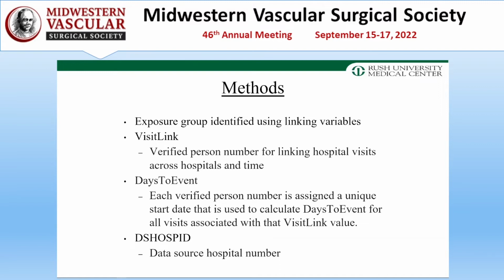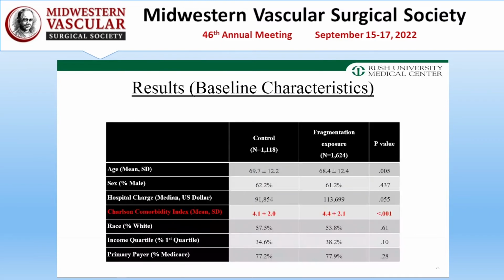Therefore, we can identify patients who have had fragmented care as those visit links that are associated with multiple hospital IDs. We found a total of 2,742 patients that fit those inclusion criteria, with a total of 1,624 having experienced a fragmentation of care, representing almost a 60% proportion of that patient population.